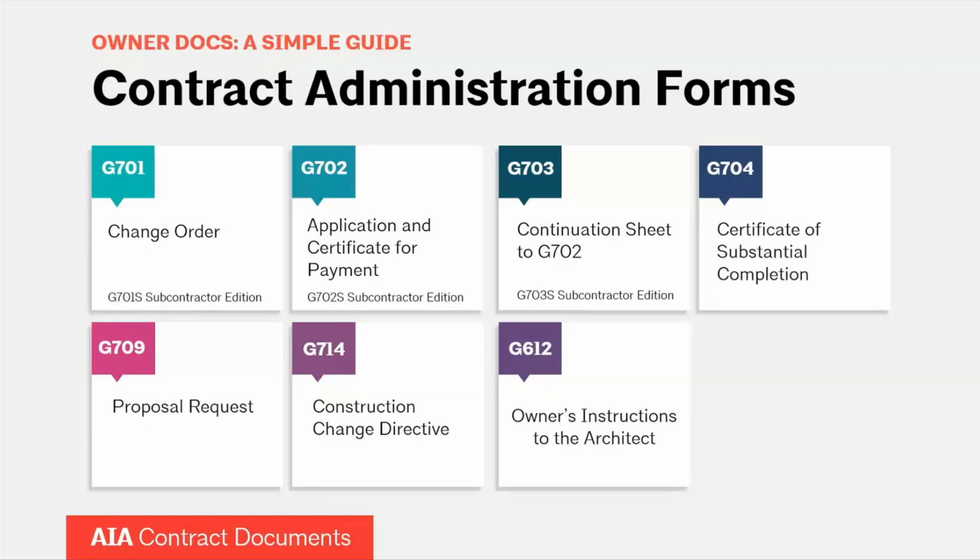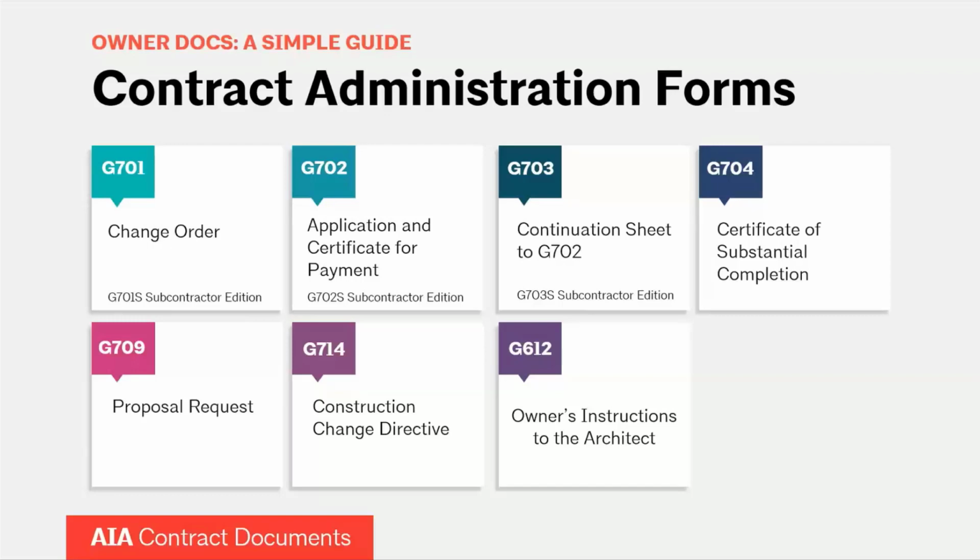We do have different versions of most of these documents. So you can see that we also have sometimes different versions for different families, like a CMA version for a construction manager advisor.